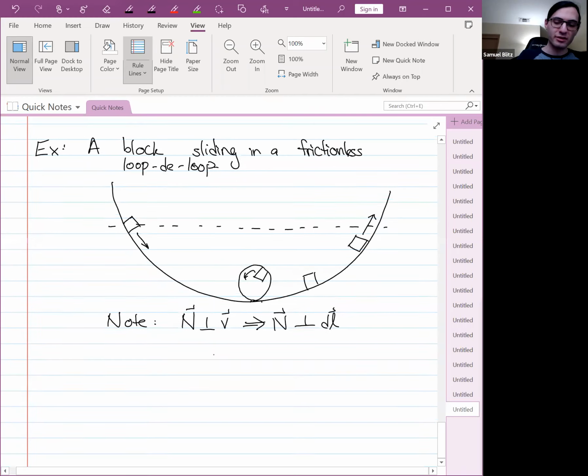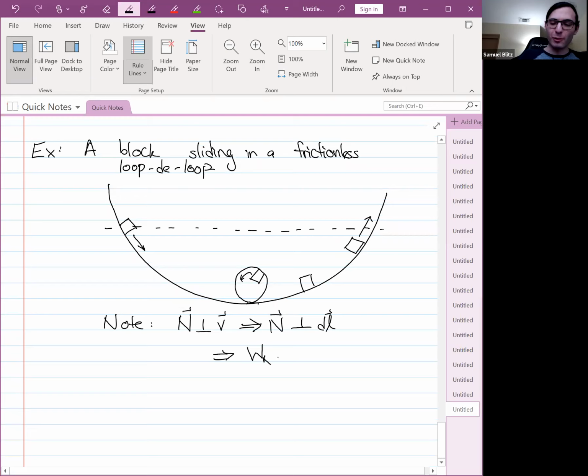And that means that the work done by the normal force is 0, always, for this entire path, regardless of where it is on the path. The normal force doesn't do any work.